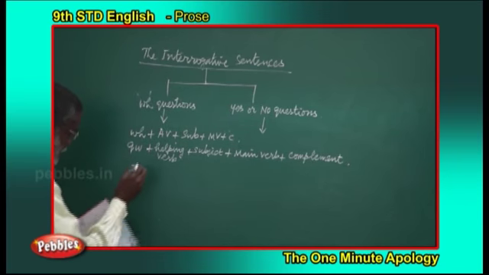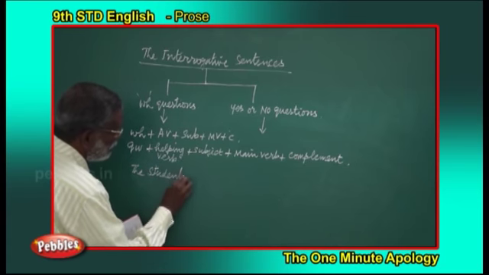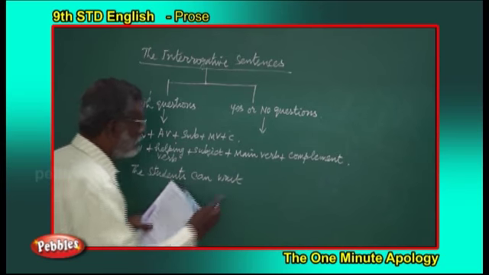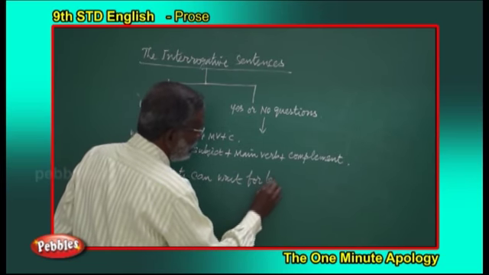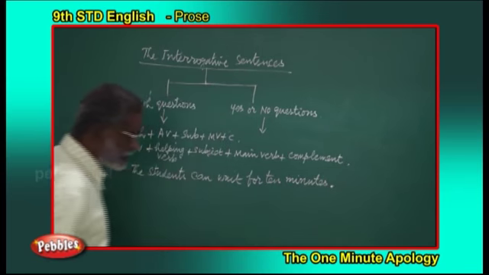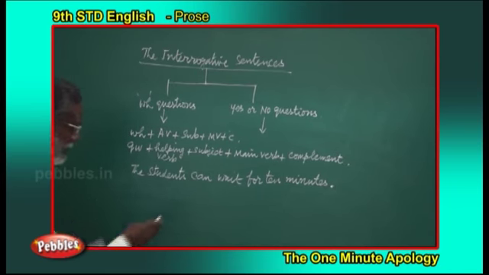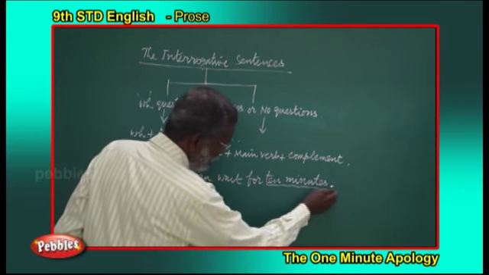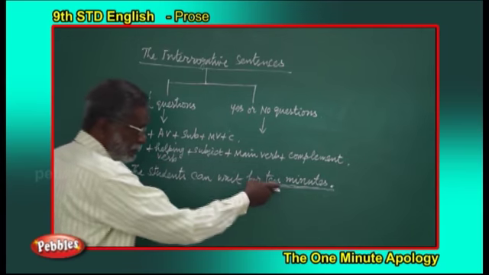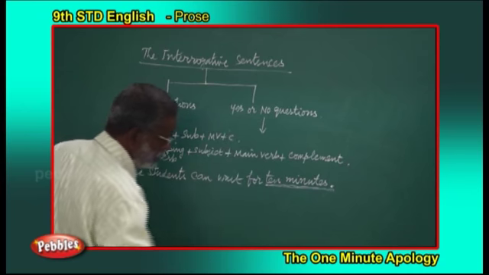There is a statement given. The students can wait for 10 minutes. We have to form a question for this. And the stress is given on 10 minutes, so they are giving importance to the timings.